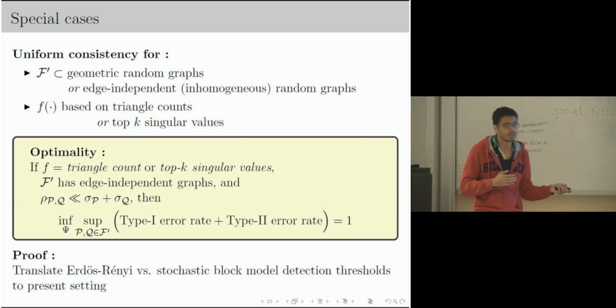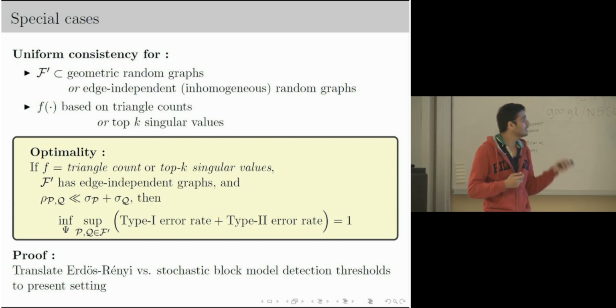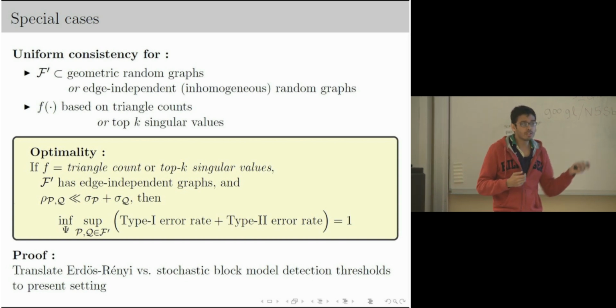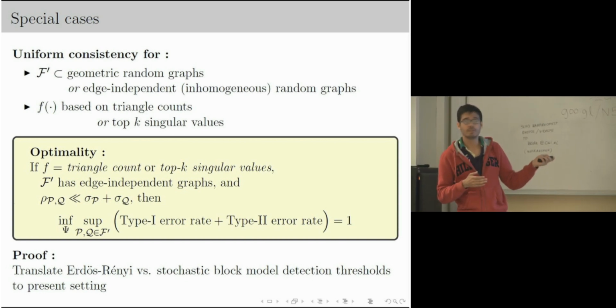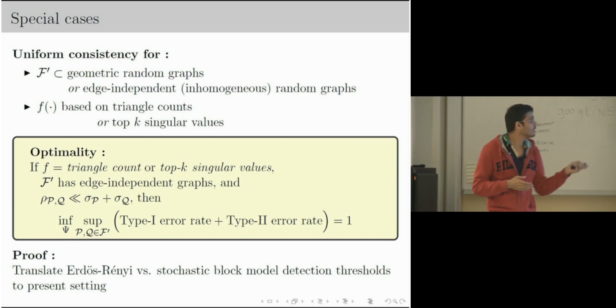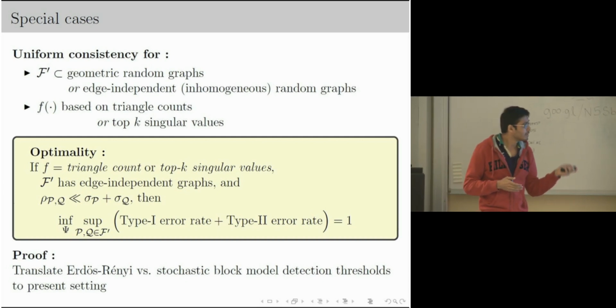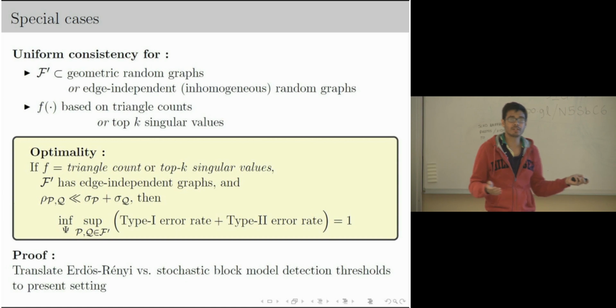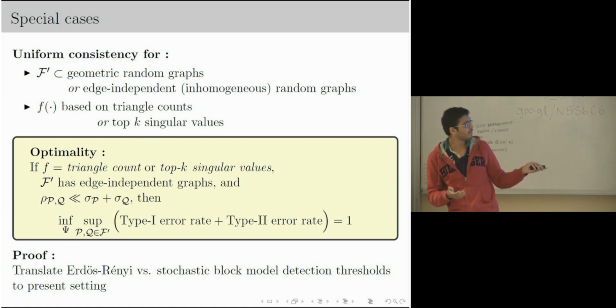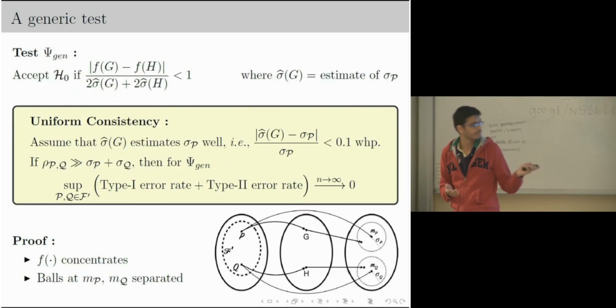Below that level, you cannot distinguish between these two models. And all you need to do is translate all those facts with respect to the function that you're now considering. Which gives you the result that if the separation is below the noise level, no test can solve the problem. Whereas above the noise level, this generic test can.